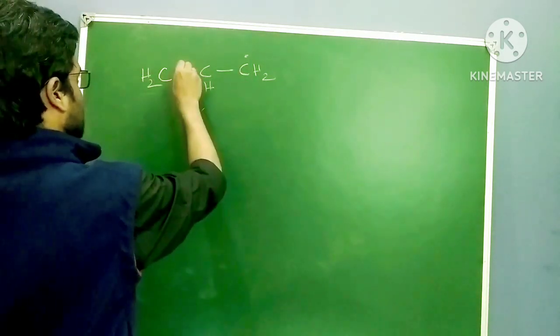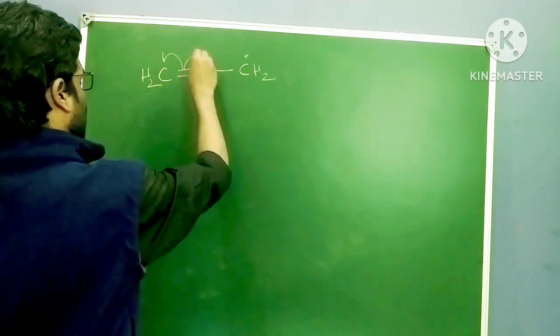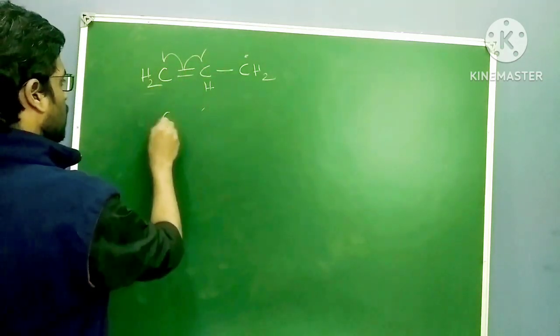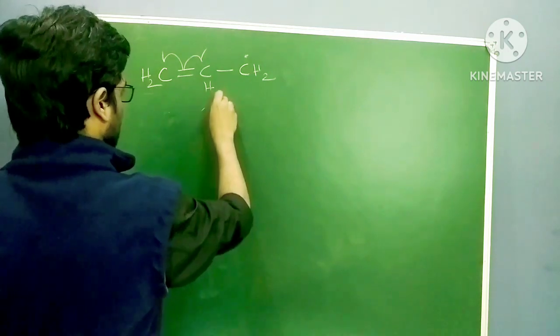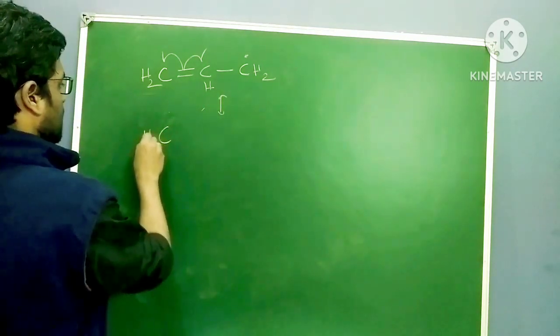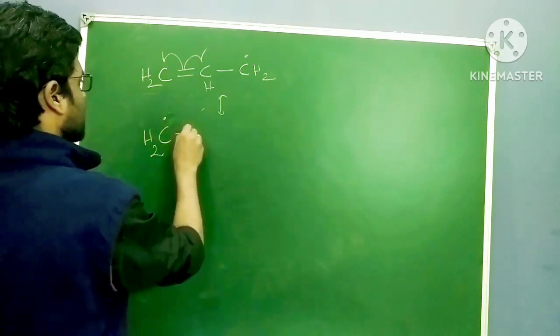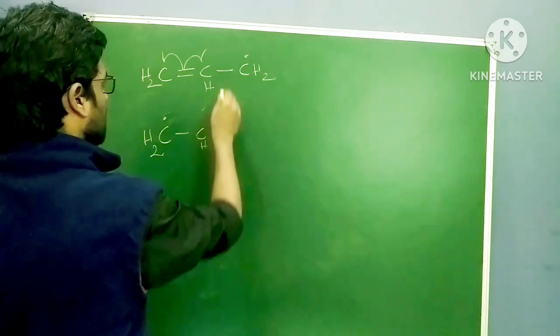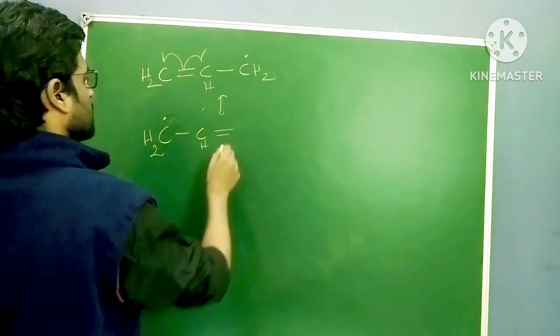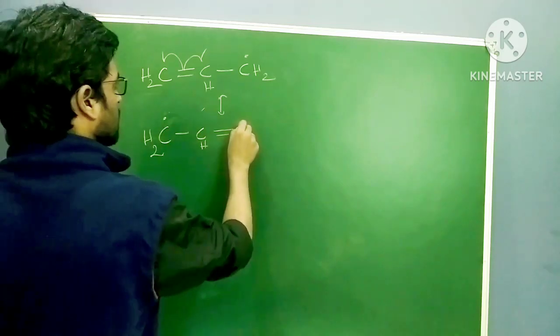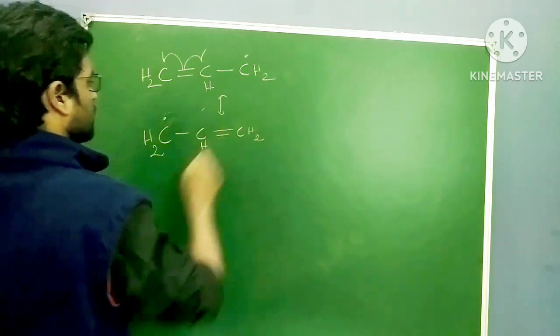Whenever I have the radical here, homolytic cleavage. So whenever homolytic cleavage takes place, now radical is here, CH, and here double bond, 1, 2, 3, 4. Now this is CH2, right?